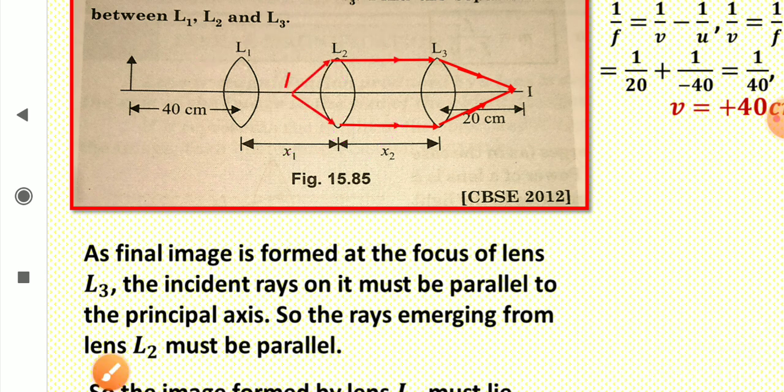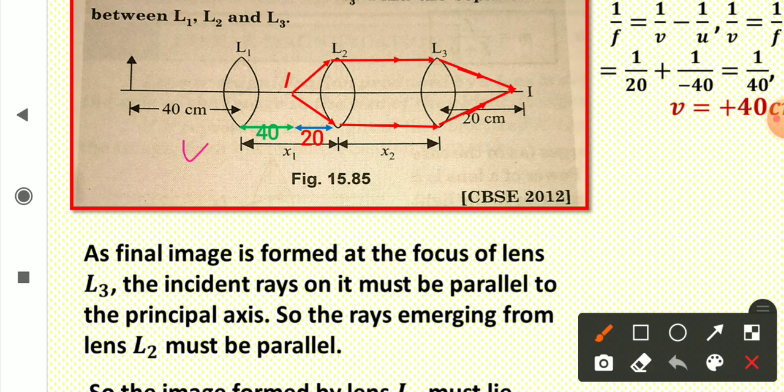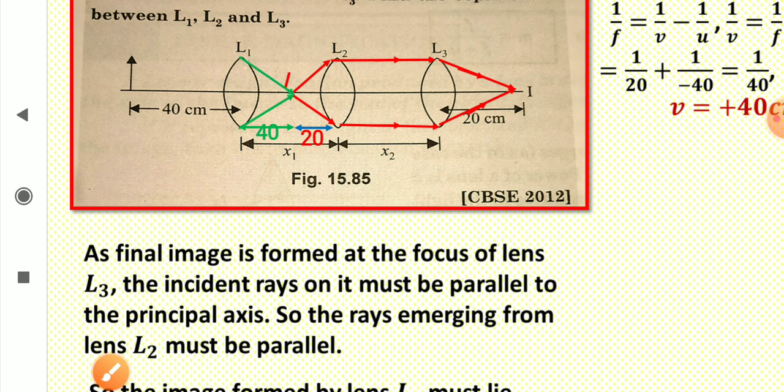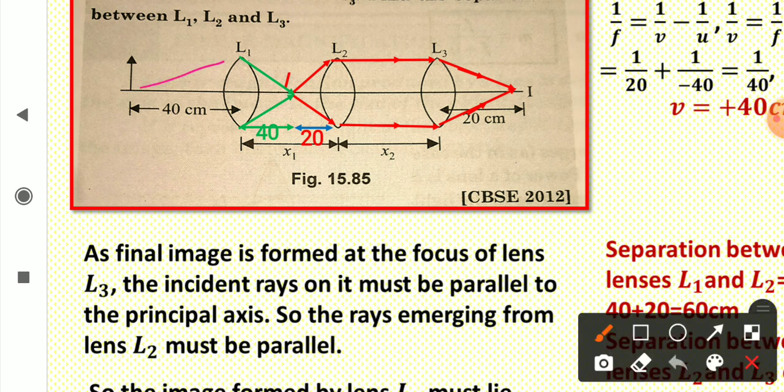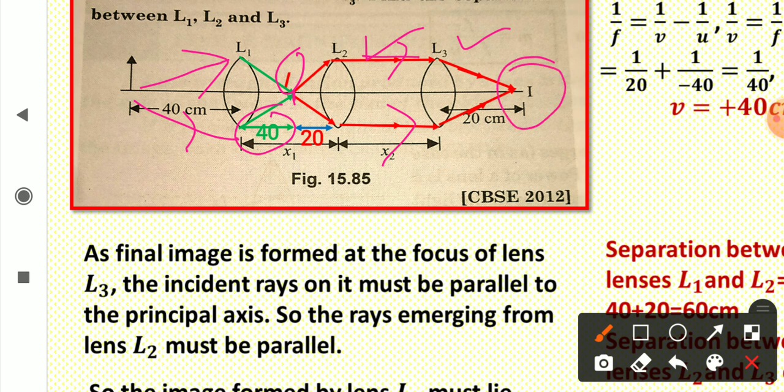The image distance for the first lens is 40 centimeter, so the image formed by L1 is at point I at 40 centimeter, and this image is the object for lens L2. Since it is at its focus, L2 makes the rays parallel, they fall on L3 as parallel rays, and L3 makes a real image at its focus.